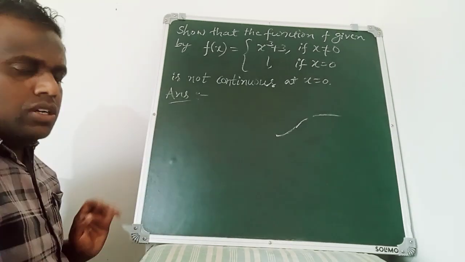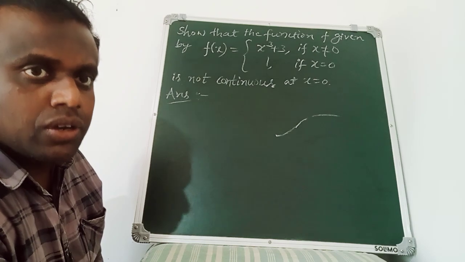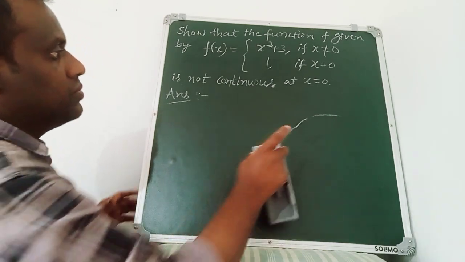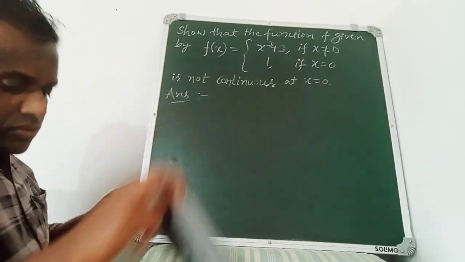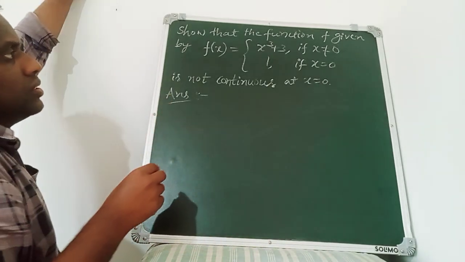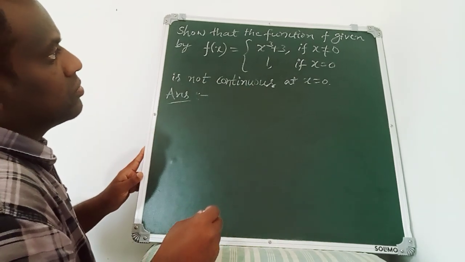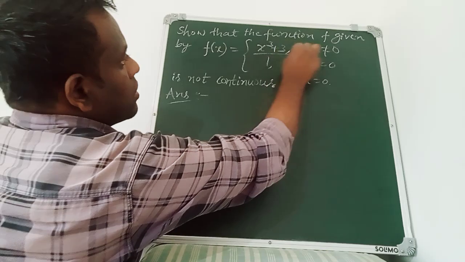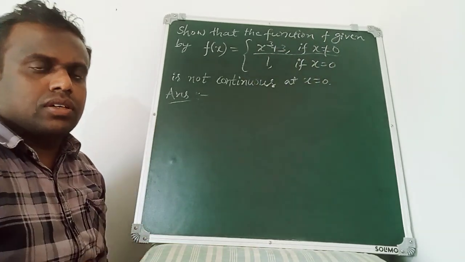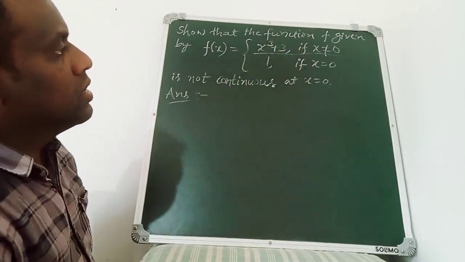How? Here we have to prove it not using a graph. We have to use limits. I will show. First consider this part. It says if x is not equal to 0, x cube plus 3.